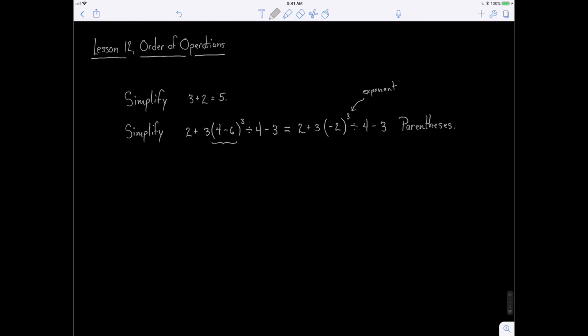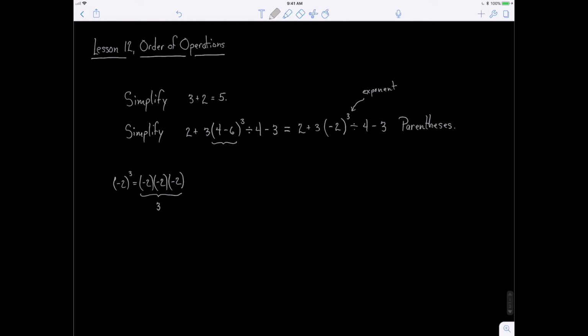So let's just do a little bit of side work, and then we'll come back. If I have negative 2 raised to the third power, or you could say negative 2 cubed, it means negative 2 times negative 2 times negative 2. It means that negative 2 is being repeatedly multiplied, 3 of them, and that's where the 3 comes in.